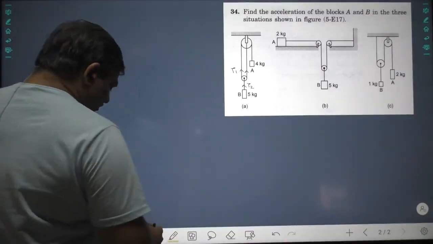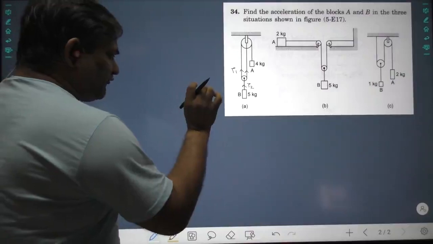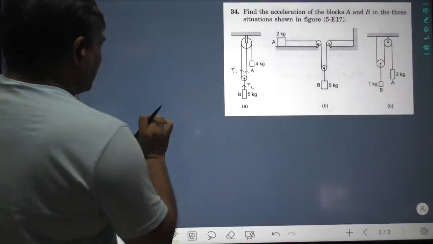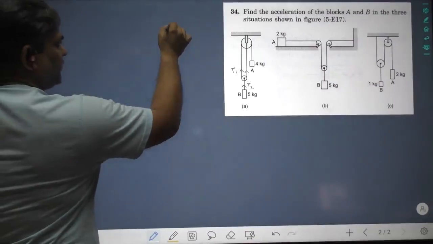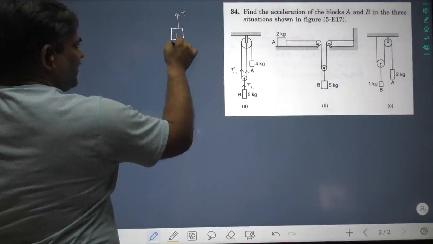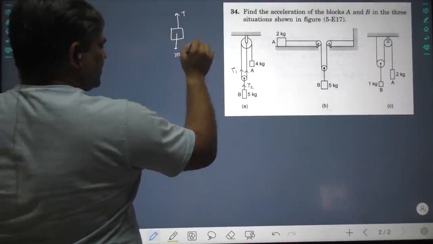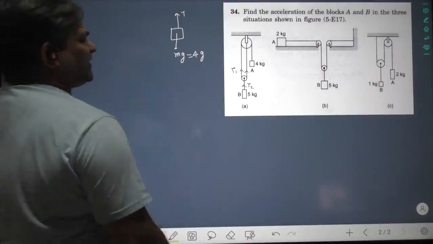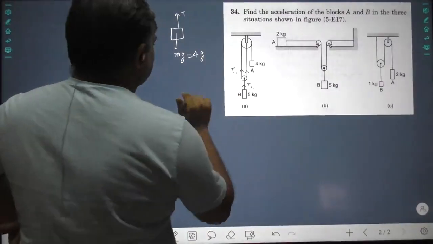Now let us draw the free body diagram. The free body diagram of this 4 kg block is very simple because only two forces are there: the tension upward and mg downwards, that is 4g downwards. This is the only thing that we have. Let us draw the free body diagram of this 5 kg block.